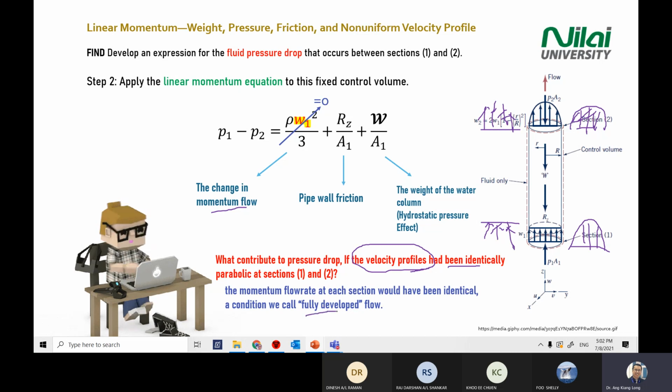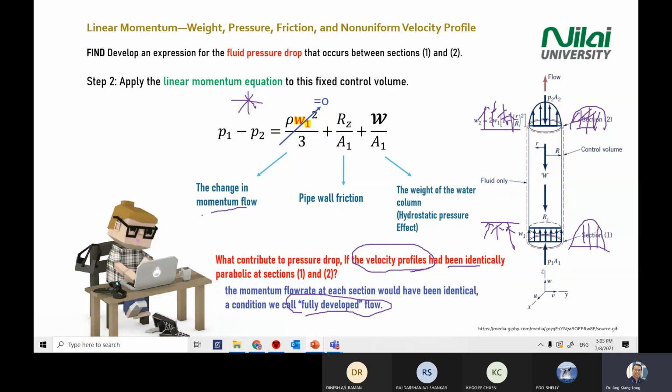We call it fully developed condition. Okay, something new for today. If you have an identical flow profile or velocity profile, whether it's uniform in and out or parabolic in and out, you have a scenario called fully developed flow.